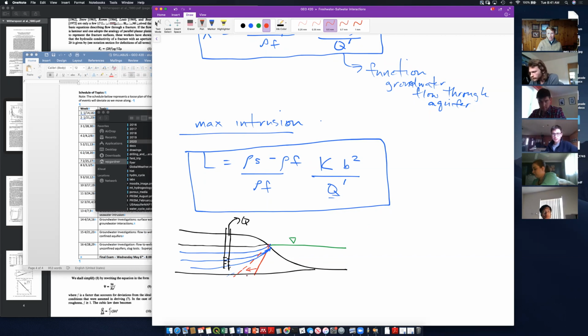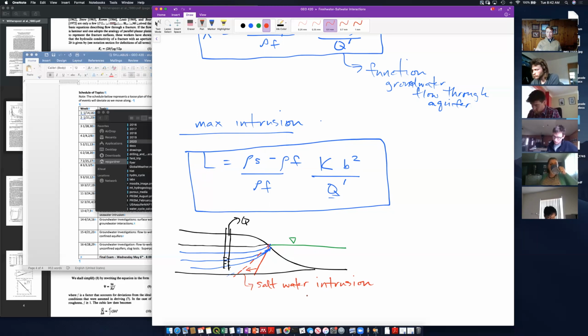This process is called saltwater intrusion. And this is one of the principal problems in coastal areas and coastal hydrogeology: trying to understand where and when saltwater intrusion is occurring and how to mitigate it.